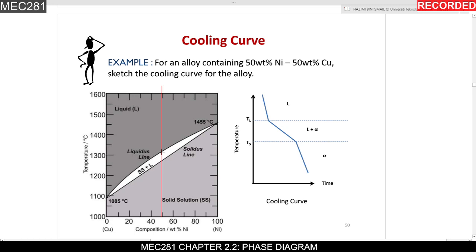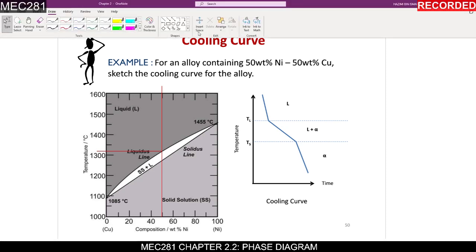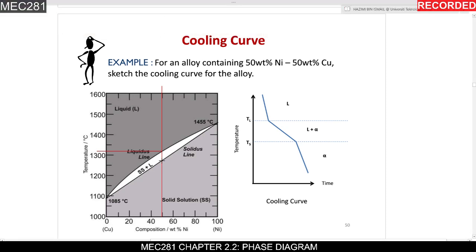Point dekat sini. So, kalau kena tulis suhu kat sini, TL ni around 1320 kot. Lebih kurang macam tu lah. Yang untuk ni dia akan dalam keadaan region liquid, dalam keadaan two phase region, two phases here, liquid and solid dalam sini. Sampailah dia dapat kat suhu sini, solidus line.